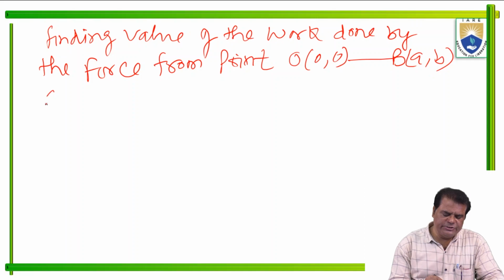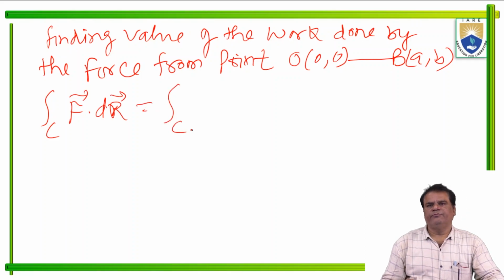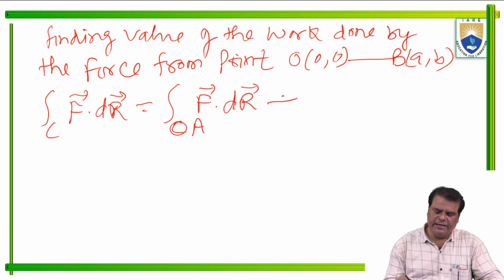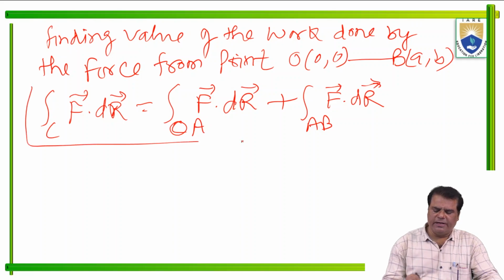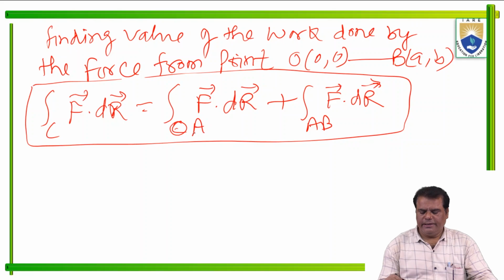So now the integral over C of vector F dot dr equals the integration over C, breaking C into OA, of F dot dr, plus A to B of F dot dr. So this is the basic formula we are using here, O to A and A to B.